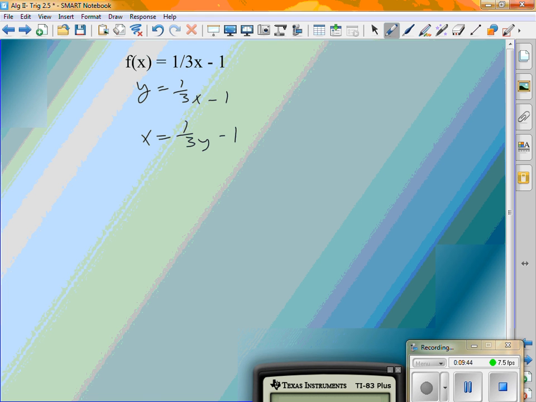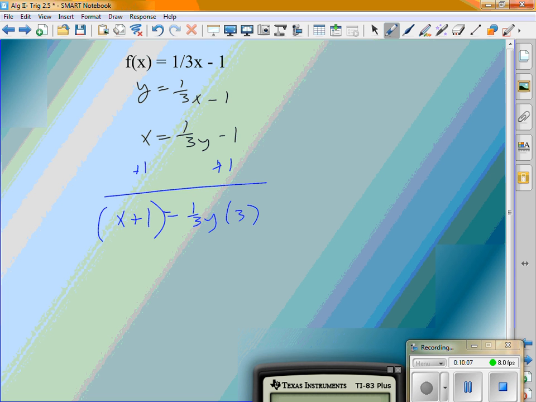Now I need to solve for y. What is my first step? Add 1. x plus 1 equals 1/3 y. How do I get rid of 1/3? Multiply by the reciprocal, which is 3 over 1.